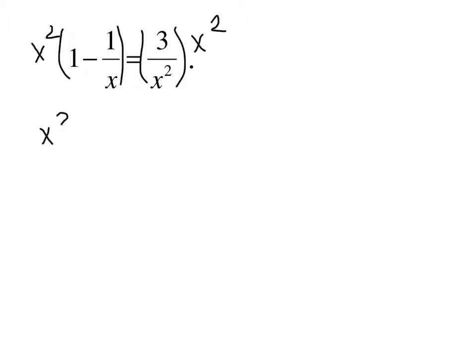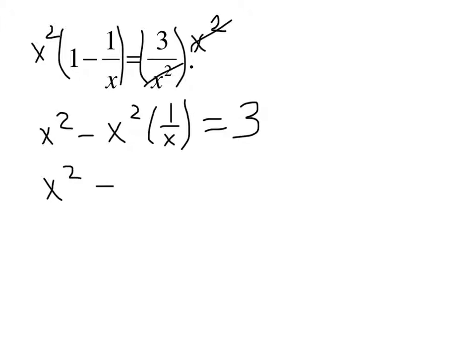So we have x squared minus x squared times 1 over x equals, the x squares cancel over here and we have a 3. x squared minus, look at this x and the x squared. That x cancels into the x squared and leaves you with x. So it's minus x. We could subtract 3 from both sides, and that would give us equal 0.